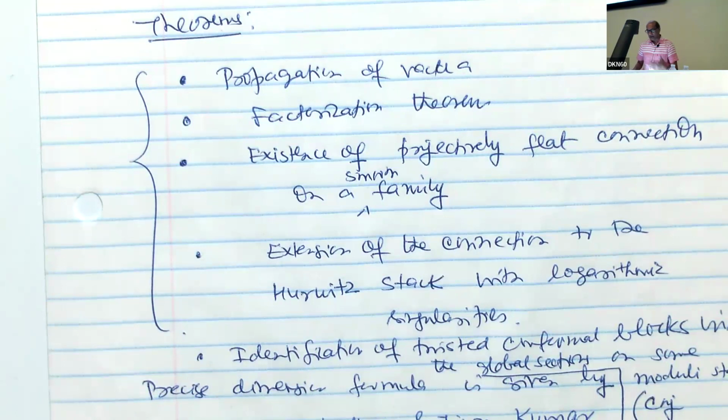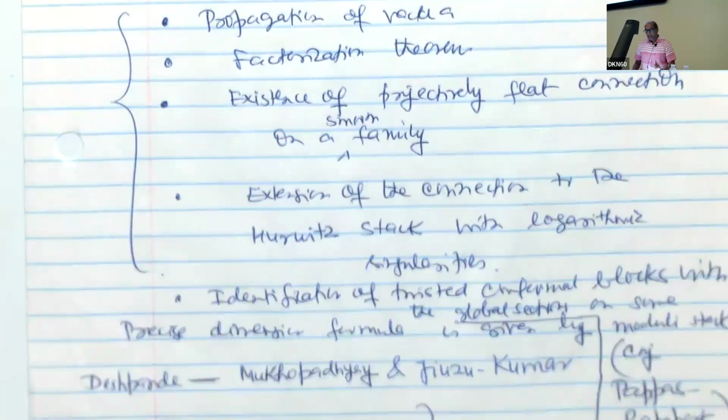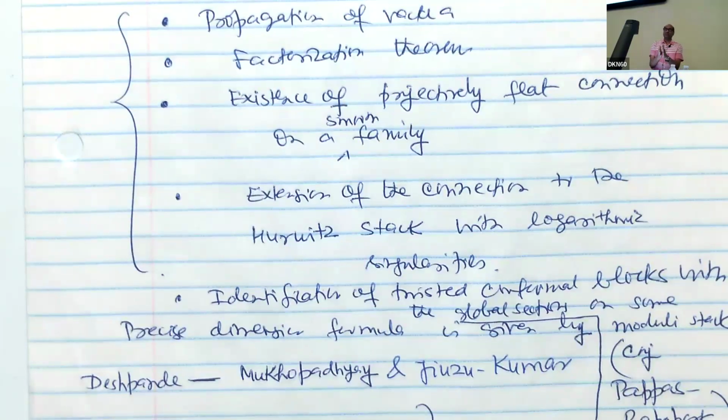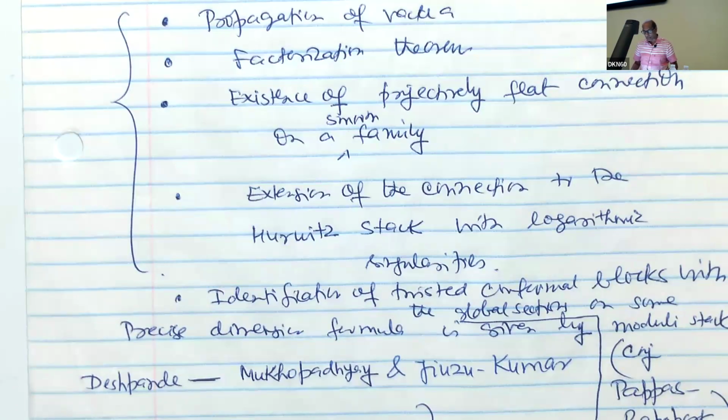And also there is a different approach to the dimension formula proved by Deshpande and Mukhopadhyay. Now, just as there was this geometric side, that the dimension of conformal block was isomorphic with the dimension of some space of global sections on moduli space of G-bundles, there is a similar picture.